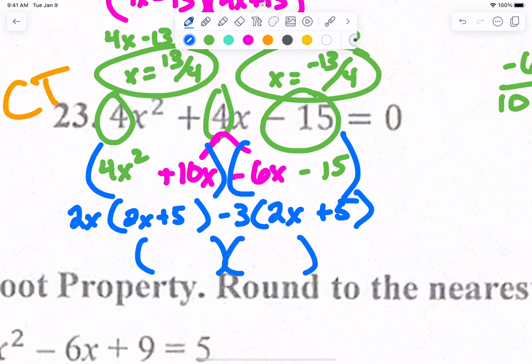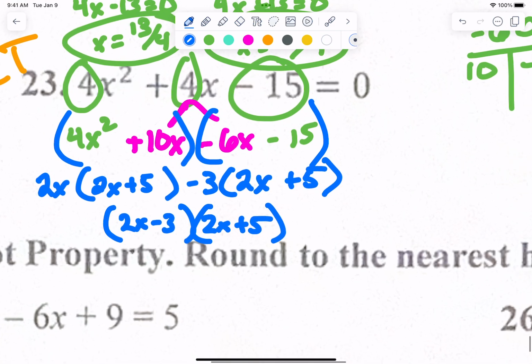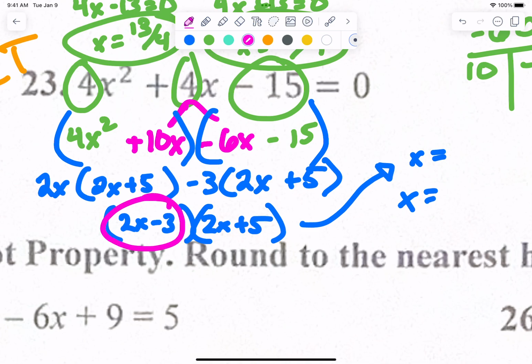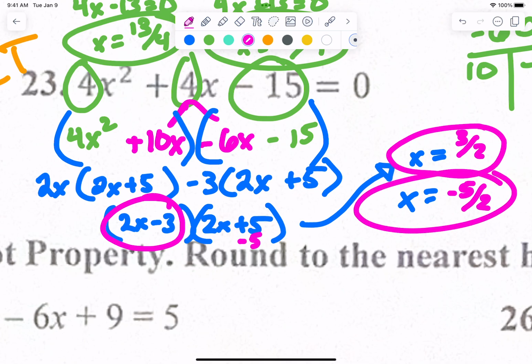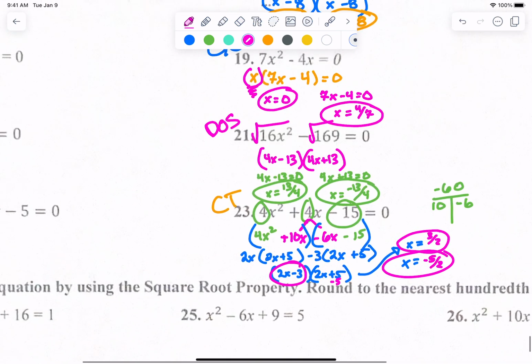So my two bubbles are 2x minus 3 and 2x plus 5. From the first, if I add the 3 and divide by 2, x equals 3 over 2. If I subtract the 5 and divide by 2, x equals negative 5 over 2.